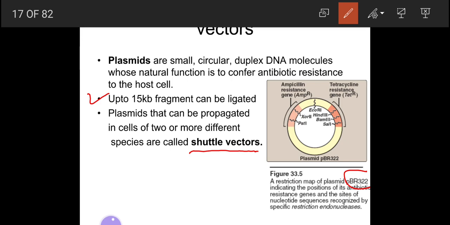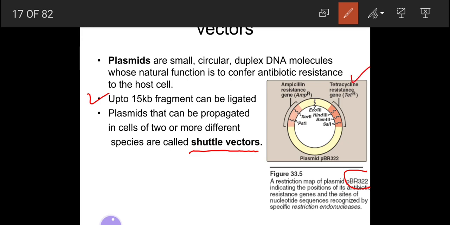pBR322, as I have told you, is an artificially made plasmid, and it is routinely constructed. It contains an origin of replication, some antibiotic resistance genes, and some routine restriction sites.